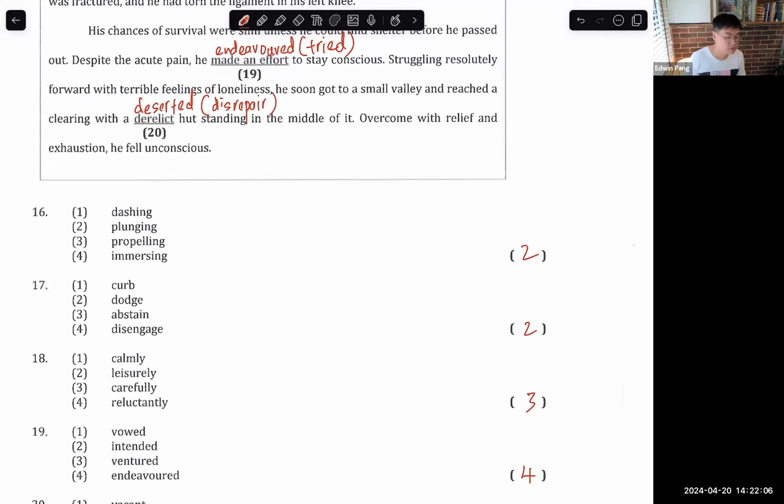Something is not in a good state. It's derelict. So you might want to say a derelict house, or if somebody abuses their body, and they take drugs, and then their body falls apart, and they're in very poor health, you can say that they are derelict in body. That means that the body has been abused, has been abandoned, has not been taken good care of, and then it's falling apart.